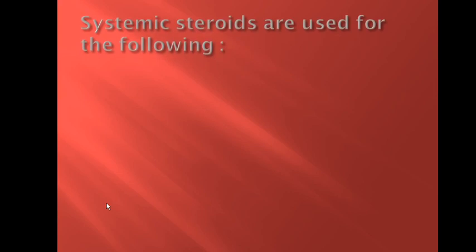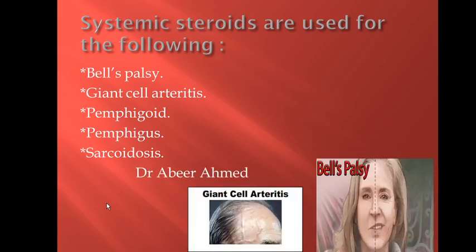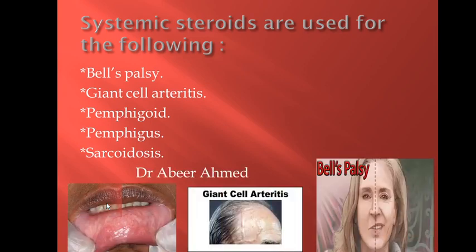Finally, we're going to talk about systemic steroids. They are used for the following diseases, such as Bell's palsy, giant cell arthritis, pemphigoid, pemphigus, and sarcoidosis. Can you look at the pictures here now? This is Bell's palsy.